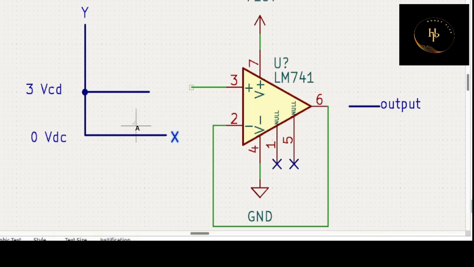So we can easily transfer a signal through this circuit, but there is no amplification. You give here 3 volt and you get here 3 volt. But if I do one thing, and there is almost no lag also.